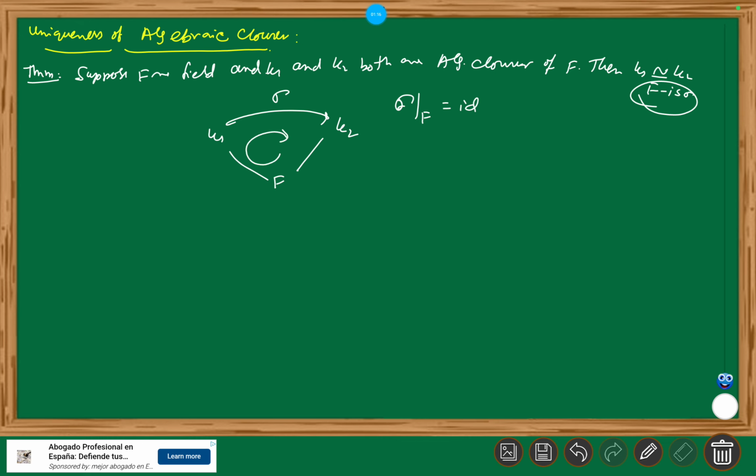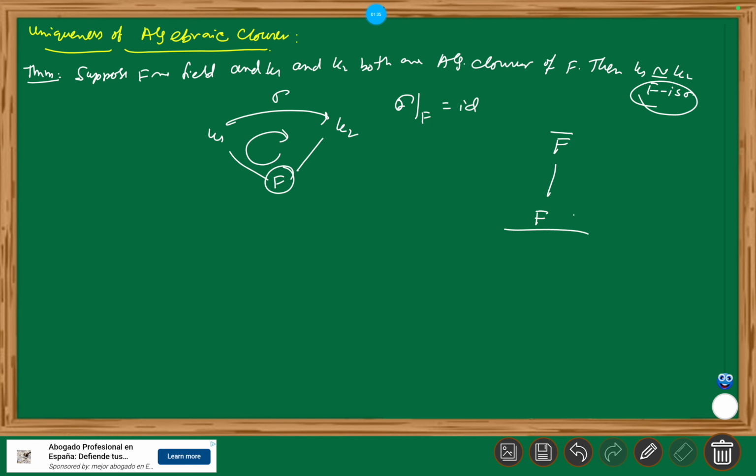Okay, so you can assume that you have any particular field F. For any particular field, the maximum algebraic extension that one can think of is the algebraic closure.